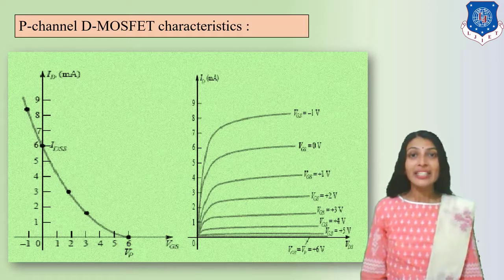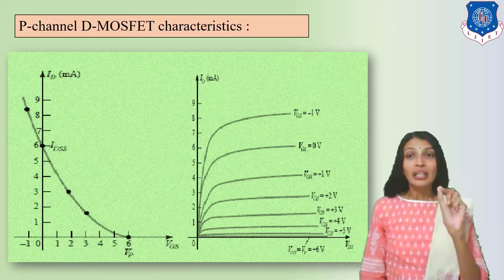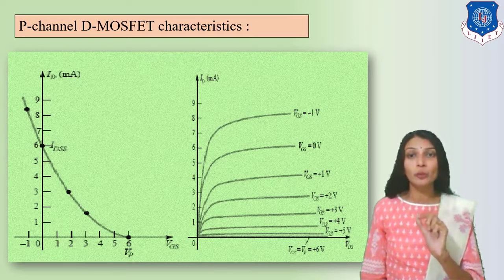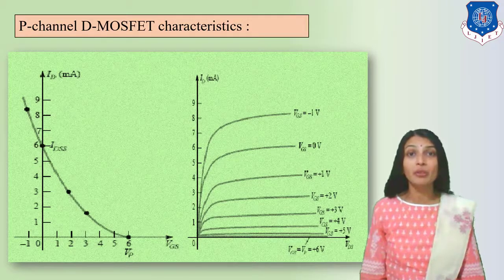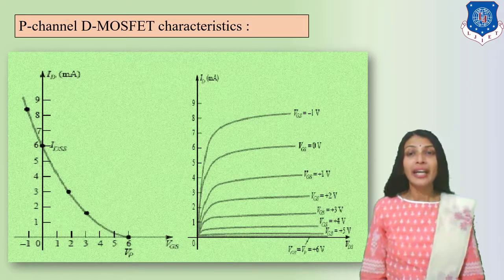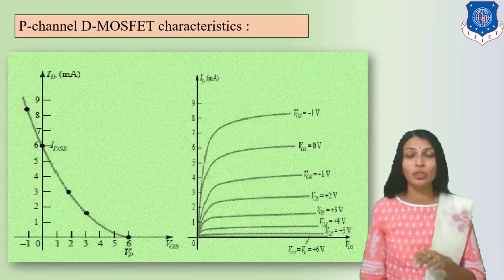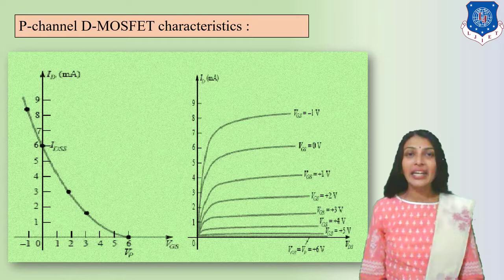As I increase VGS from 0 to 5, ID, the current, was maximum when VGS is equal to 0, because maximum free holes are available in the P channel. When VGS is positive, ID decreases because the number of free holes, the majority carriers, is reduced in the channel. So this is the relationship between VGS and ID. As VGS increases positively, ID reduces.